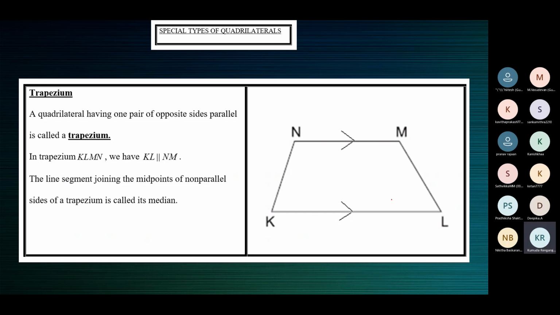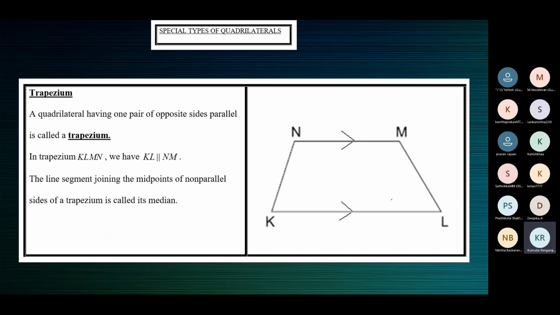Once it's a trapezium, it will have all the properties of the trapezium. So if a trapezium has 10 properties, you don't have to verify all the 10 properties in that quadrilateral and then conclude that this is a trapezium. No. Simply use the definition. If the quadrilateral satisfies the condition in the definition, then it is a trapezium.